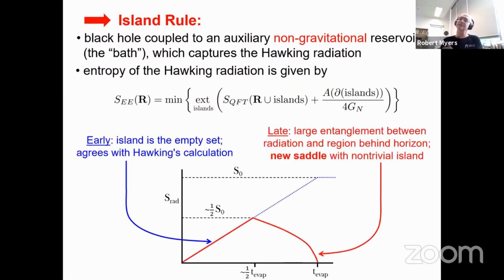However, at late times, we're starting to develop a large amount of entanglement between these radiation degrees of freedom and the degrees of freedom that are in the gravity region, or in fact, in the black hole. And so this formula develops a new saddle where there now is a non-trivial island region. And so what one finds is that this part of the curve is described by this new saddle for this formula.